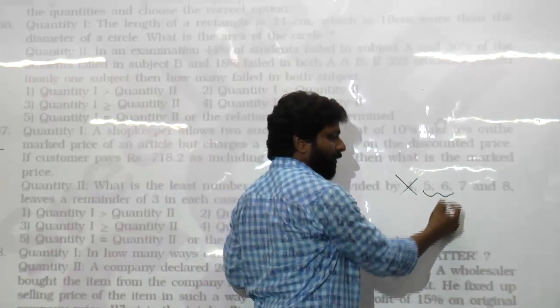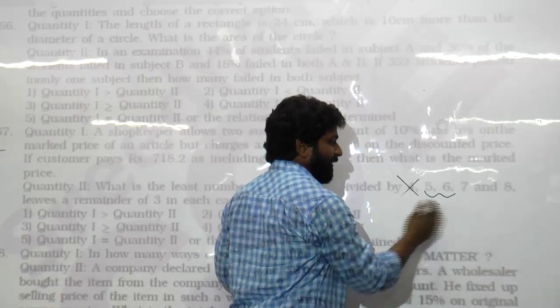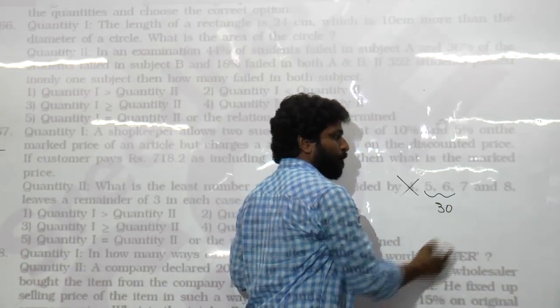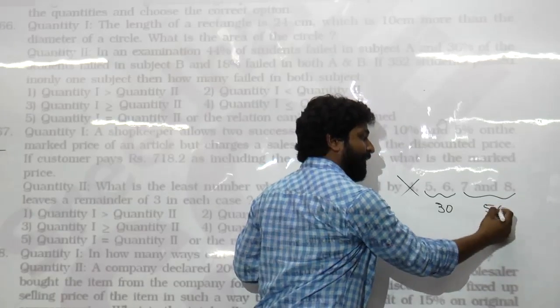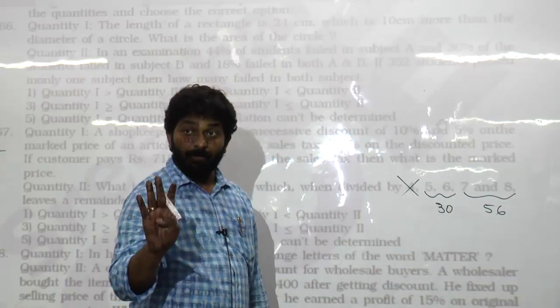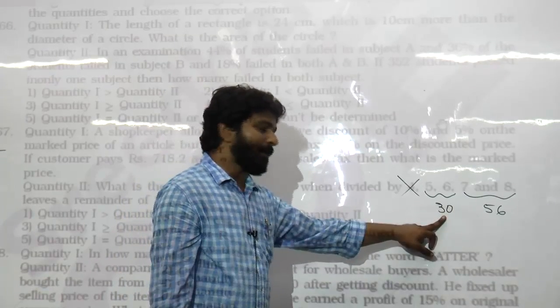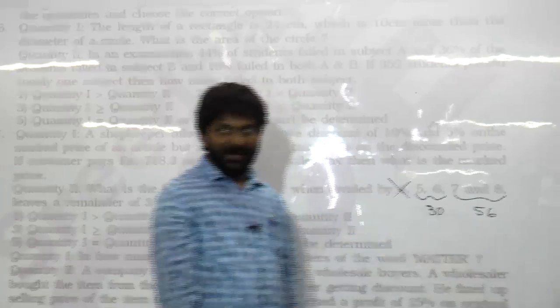5 and 6 both are co-primes. LCM is 30. 7 and 8, 56. Both are multiples of 2. Take 2 common, 15, 28.